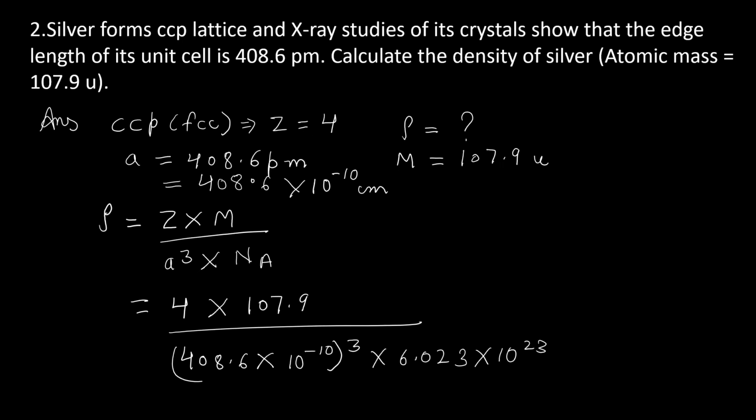The numericals in chemistry as well as in physics involve a lot of calculation, but need not worry. Simply practice the numericals. Once you practice, then you can easily do the calculations. When you solve it, it comes out to be 10.5 gram per centimeter cube. So this is the answer.